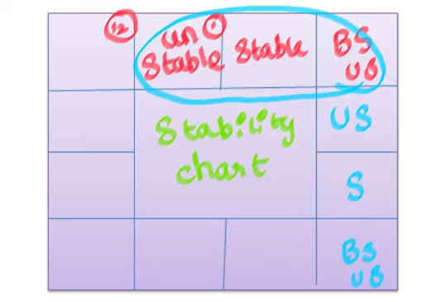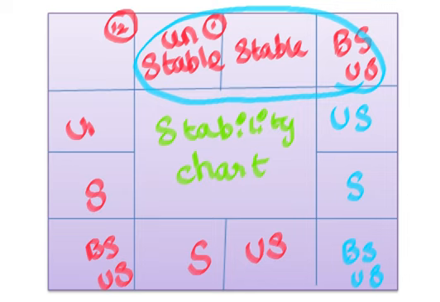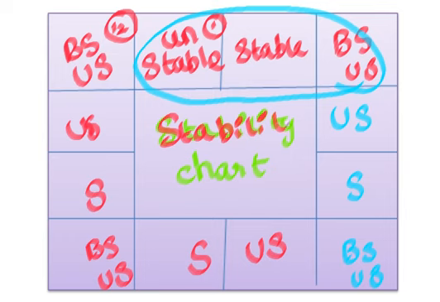Again the cycle will continue: unstable, stable, both stable and unstable. Again stable, unstable, both stable and unstable. This may be a very new concept for some of you.